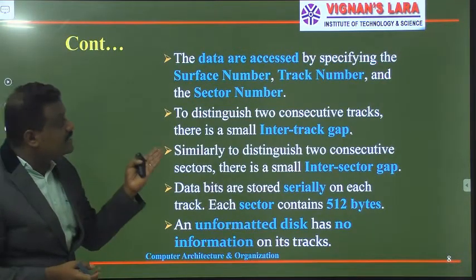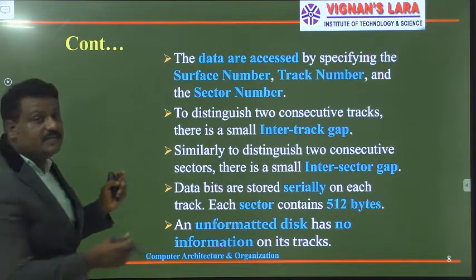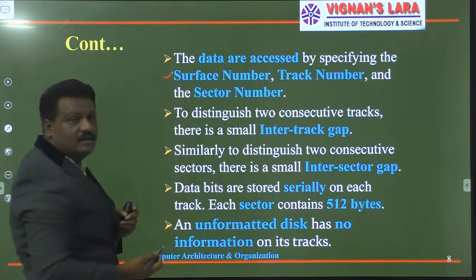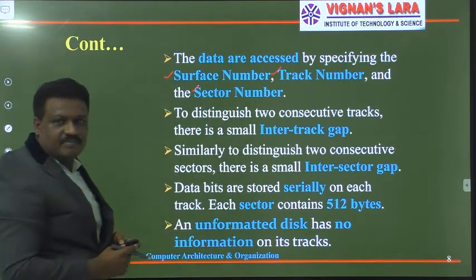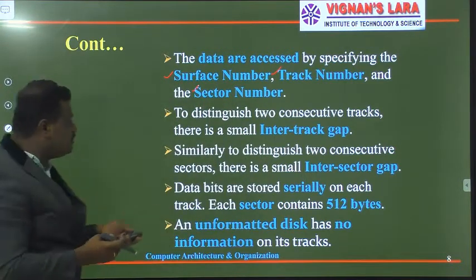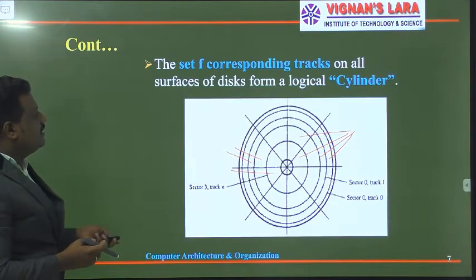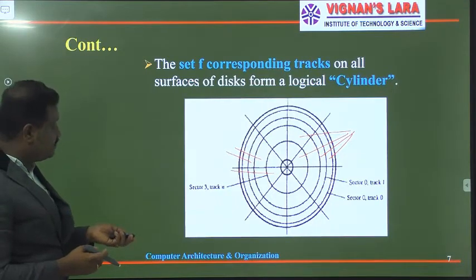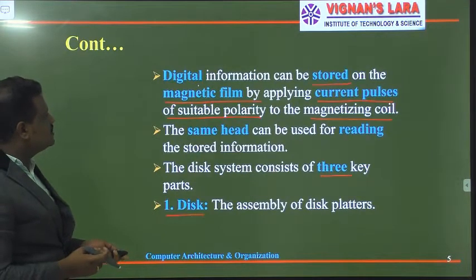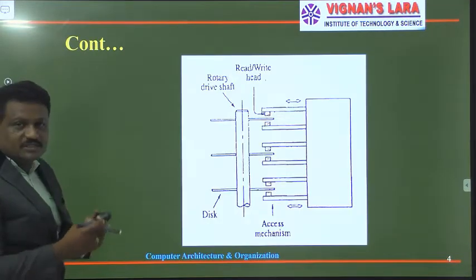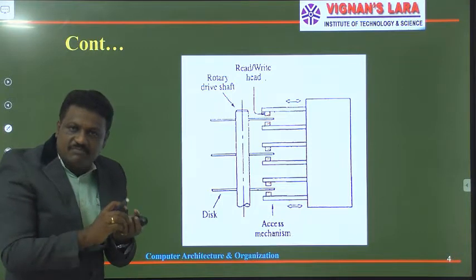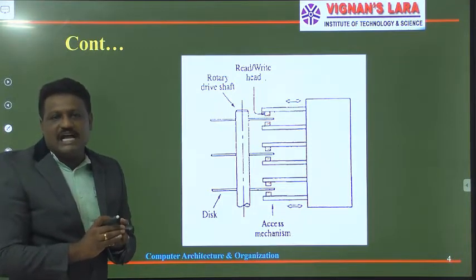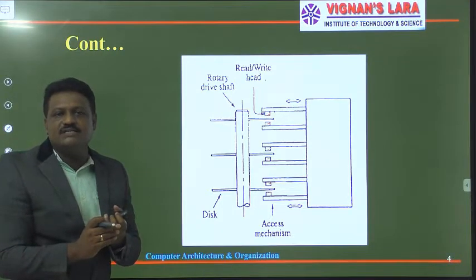The data are accessed by specifying the surface number, track number, and then sector number. That means in order to access information from your disk system, we have to mention the surface number, as well as the track number, as well as the sector number.